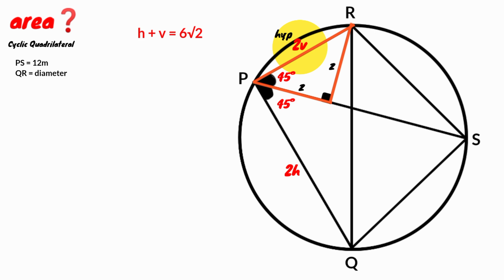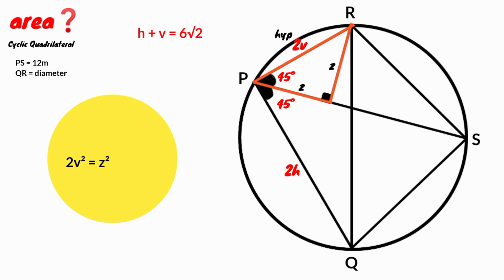This is the hypotenuse. So the equation is going to be 2v all squared equals z squared plus z squared. 2v all squared is 4v squared. Z squared plus z squared is 2z squared. 4 divided by 2 is 2.